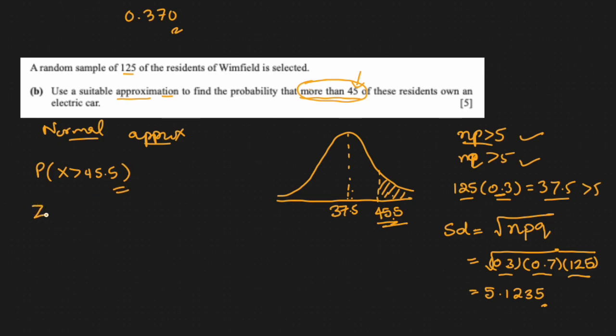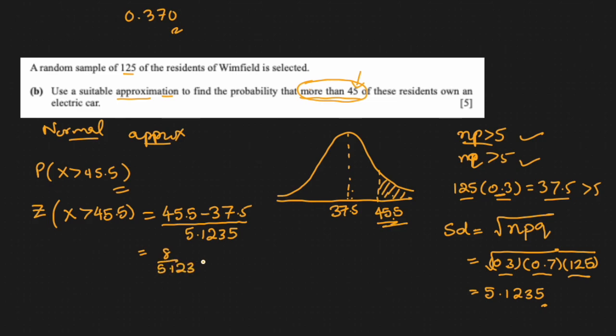First, we should find the z score for x greater than 45.5. That will be 45.5 minus the mean, 37.5, divided by the standard deviation, 5.1235, which comes out to be 8 divided by 5.1235. That's the z score.